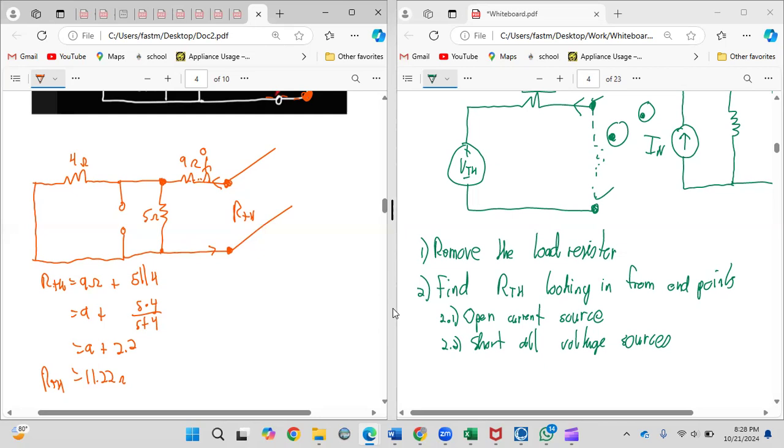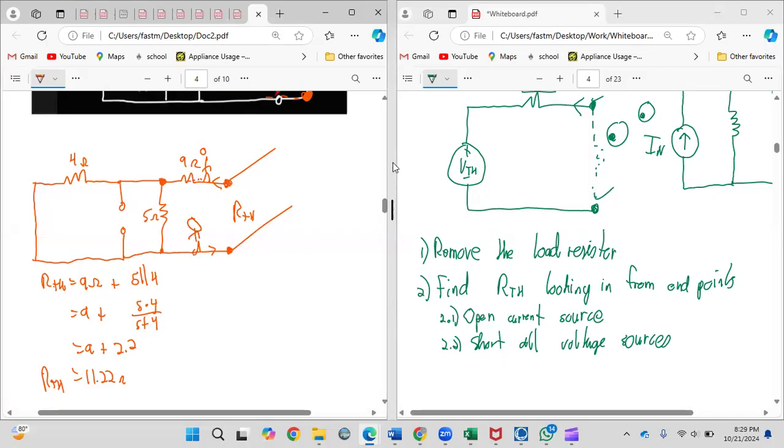Then from there, you find the equivalent resistance looking in at that point. The easy way to do it is to think of yourself as a little stick man walking into the circuit. If you walk through a resistor, it's in series. If you reach a point and you have options, it's in parallel. You're trying to end up at the same point, which is here. So if you could go here or here, those have to be in parallel.